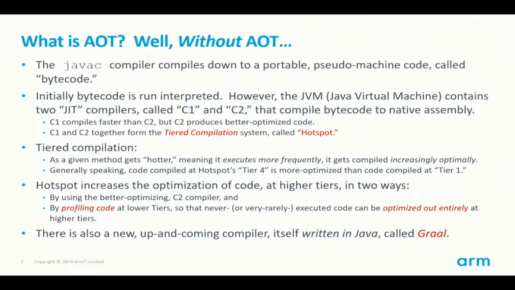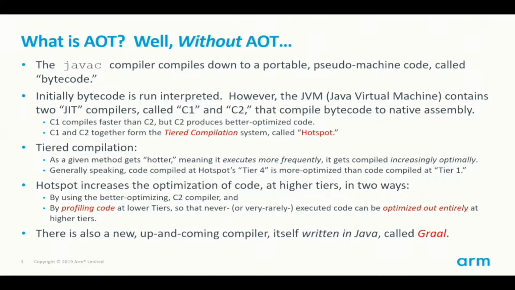In particular it has two JIT, just-in-time compilers that are very innovatively named C1 and C2. The difference between the two is important. C1 compiles faster than C2, but the code is not as optimal.